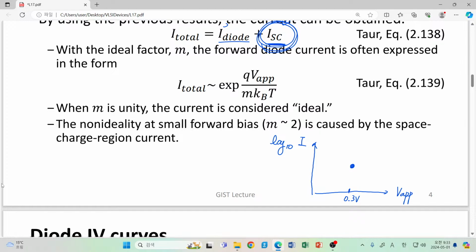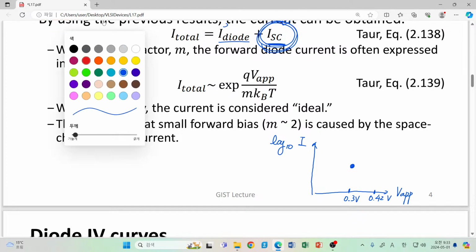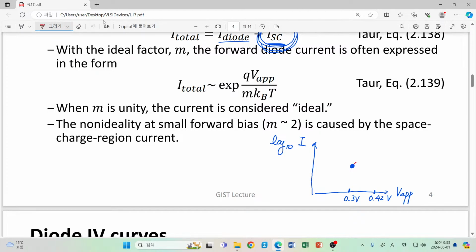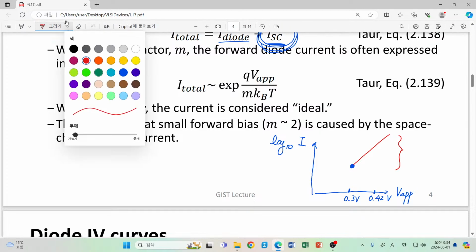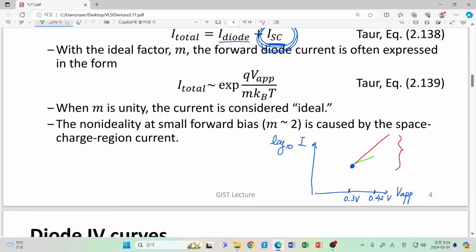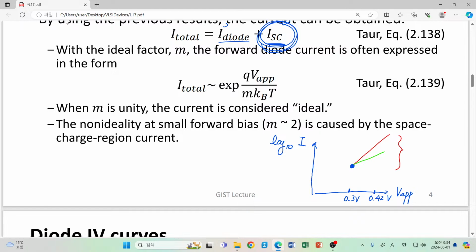Then this example means that if we increase our applied voltage to 0.42, just 120 millivolt, then what we can expect is that there will be 2 orders of magnitude increase in our diode current. At the same time, our space charge current will be just 10 times higher.